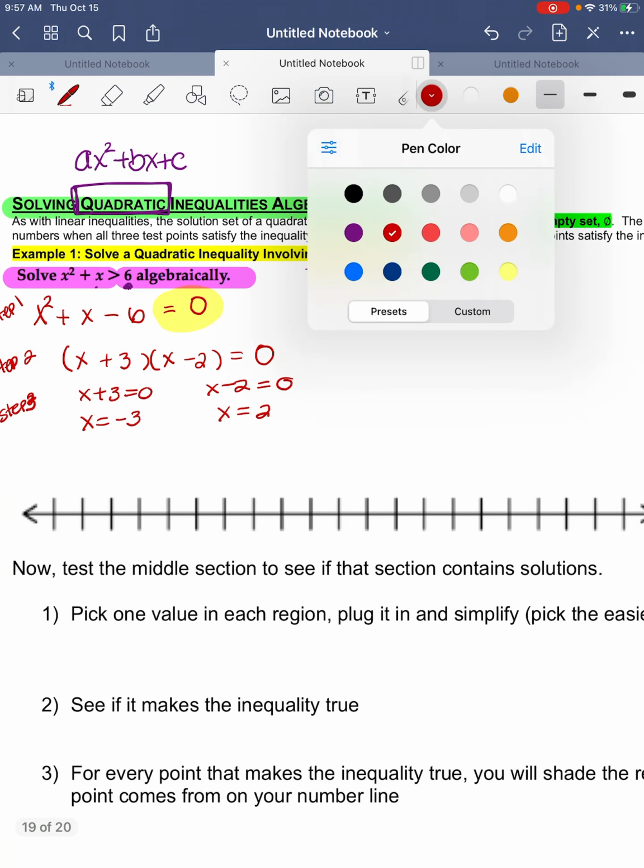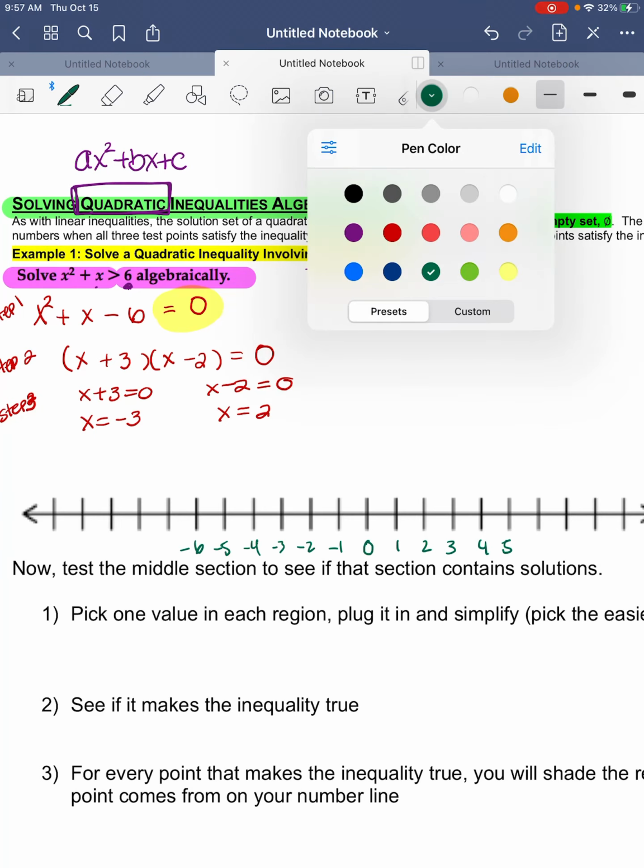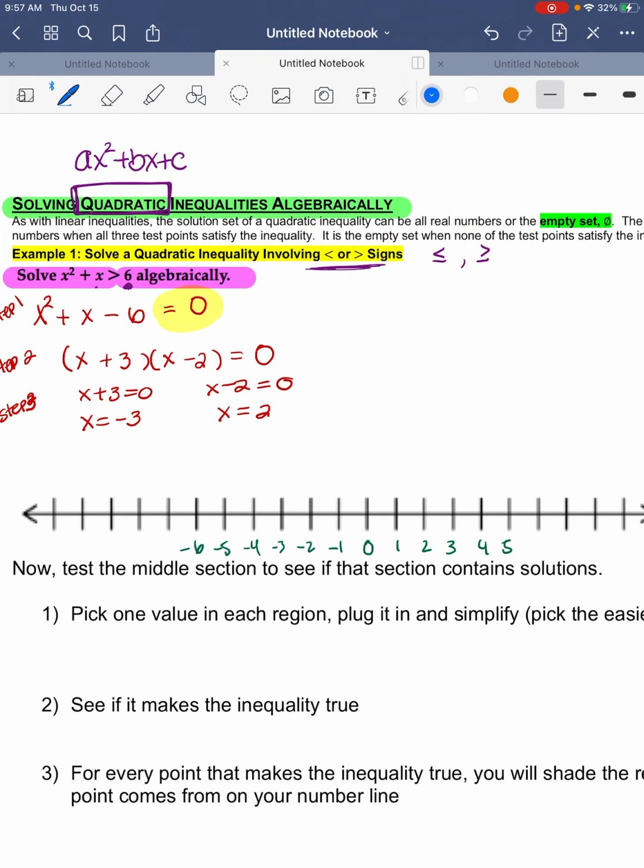I am going to label it 0, 1, 2, 3, 4, 5, and so on, and some negatives also. Now I got negative 3 and I got 2. Again, those are not my answers.